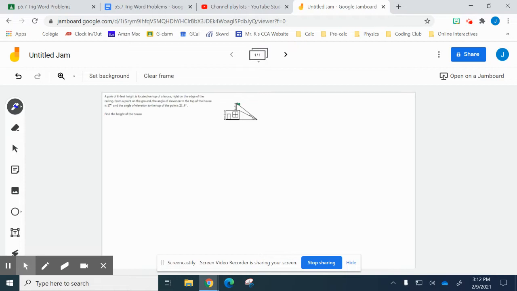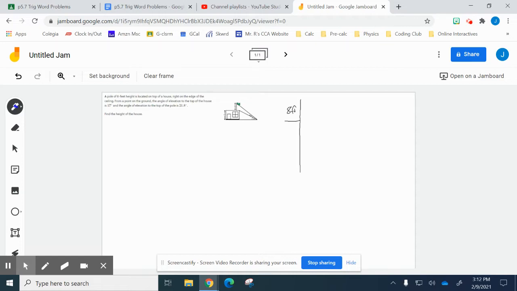So first thing we want to do is draw this thing out in a simpler form. We're going to have an 8-foot pole located on top of some sort of building.